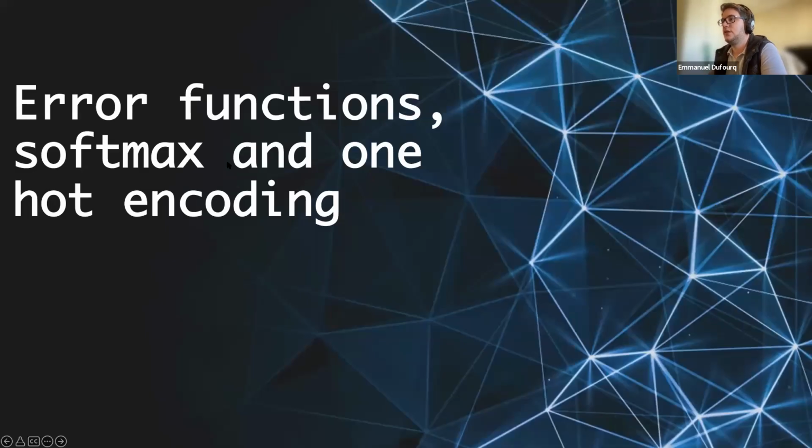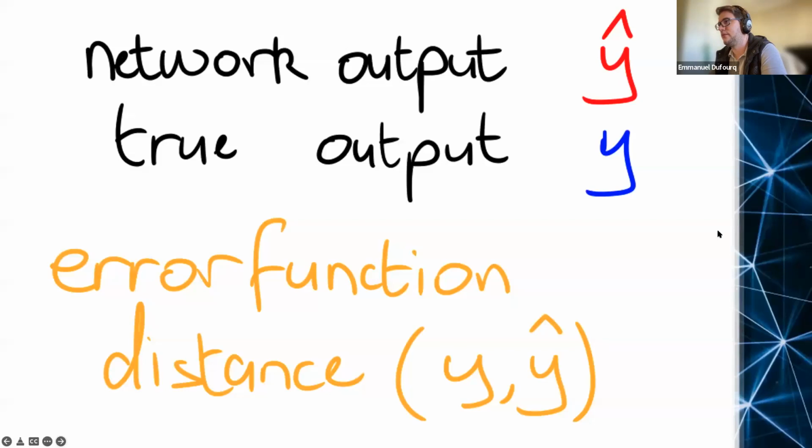Okay. So now I want to talk a little bit about how we allow the neural network to train. Before we discuss training, we need to discuss an important thing, which is the error function, the loss function. So our network is producing values y hat, but we have true values which are denoted as y.